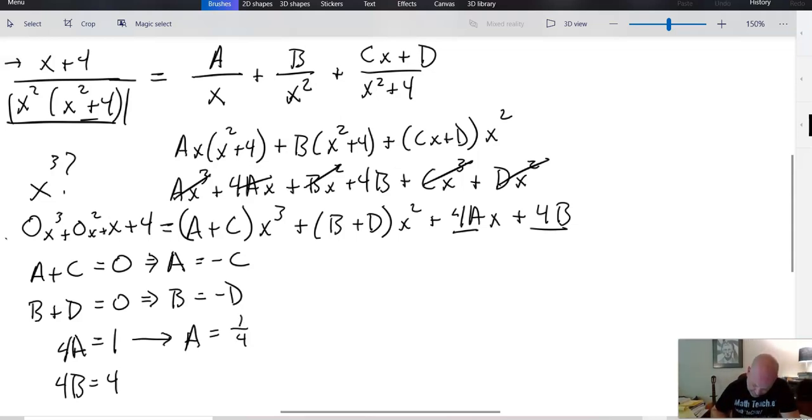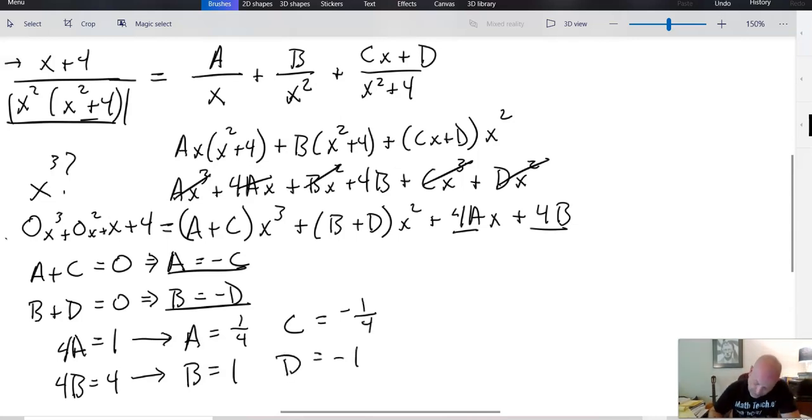And this one here tells me that b, if I just divide by 4, is equal to 1. And since we have this relationship between a and c and b and d, a and c are just opposite signs. So this is negative 1/4, and d is the opposite of b, which is negative 1.